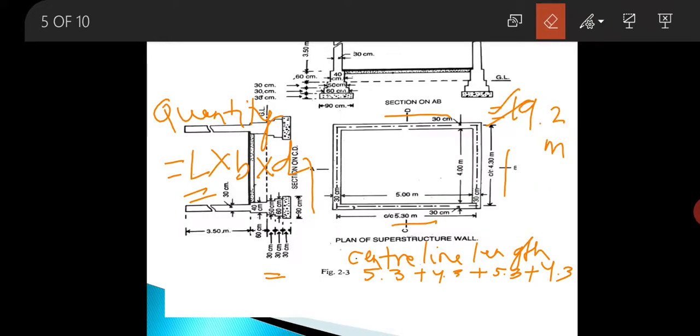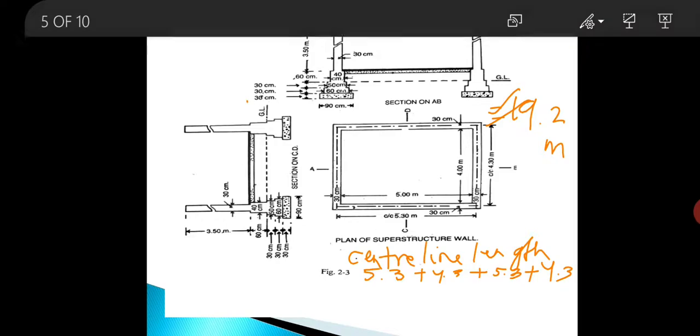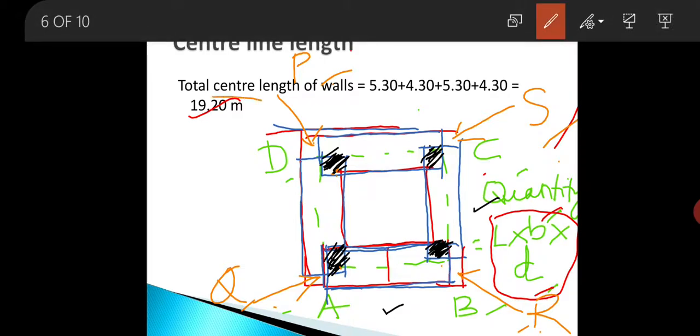Now our center line length is 19.2. You can see in this drawing also we have calculated our total center line length of the wall. First 5.3 plus 4.3, again 5.3 plus 4.3.